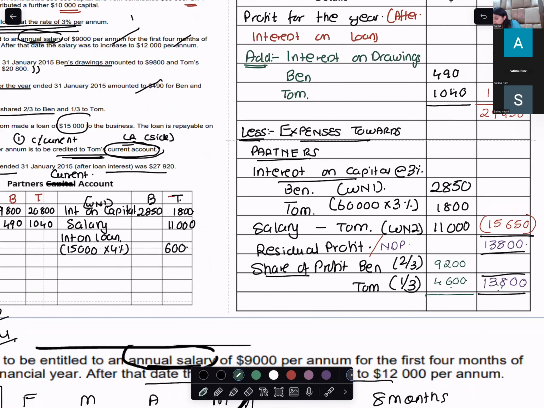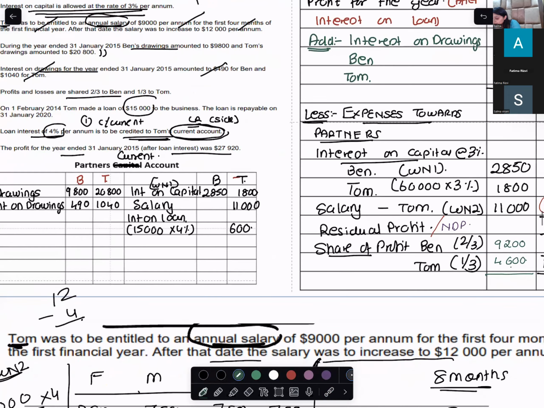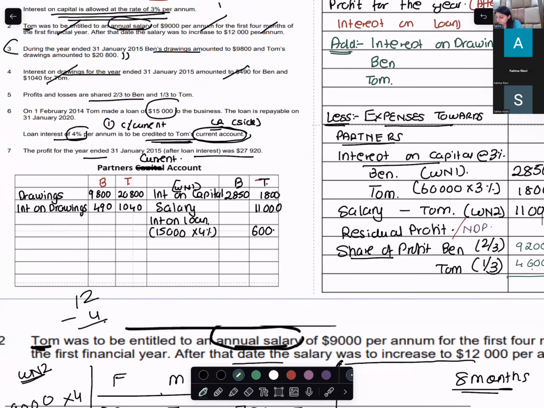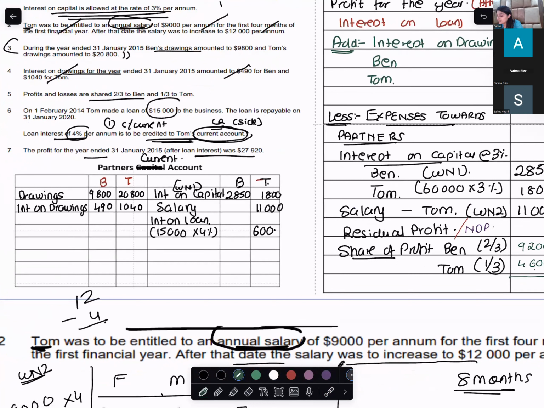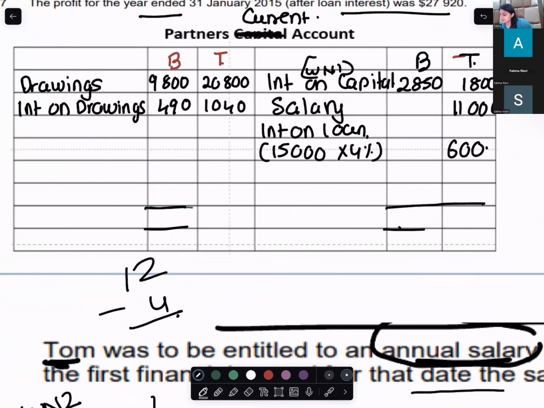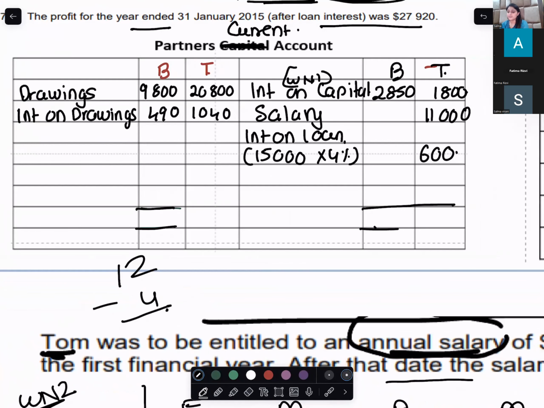Come on. Now I'll close the current account. In the current account, you have to close one by one, because a current account can have a debit balance, it can also have a credit balance, so you don't really know what balance it has. So first we'll close Ben's account. Which side is more? Debit.